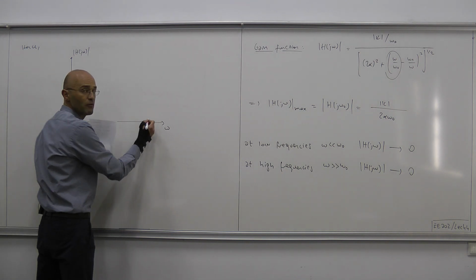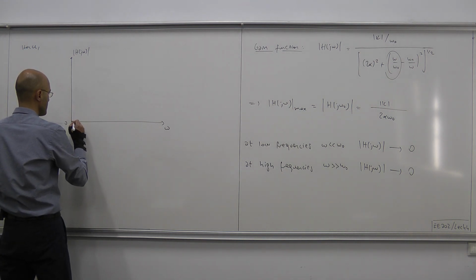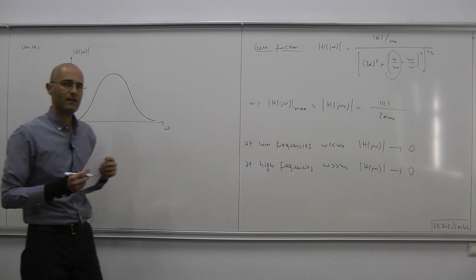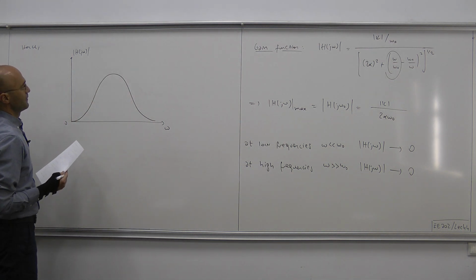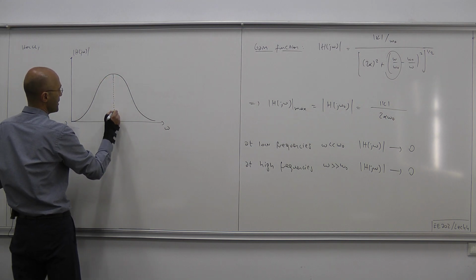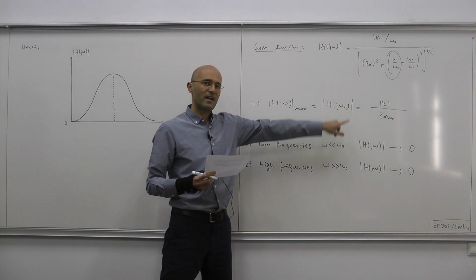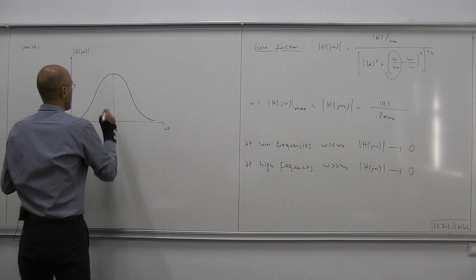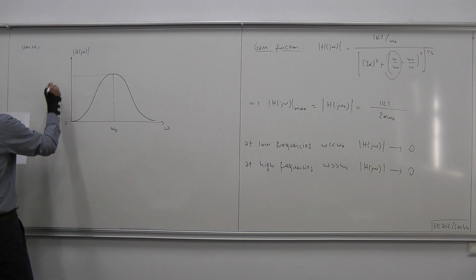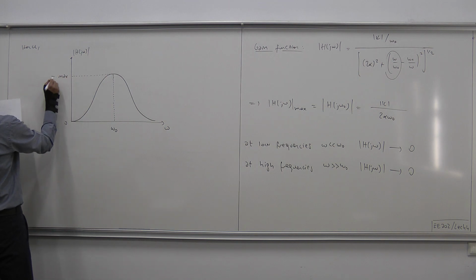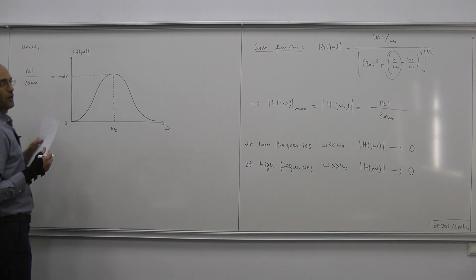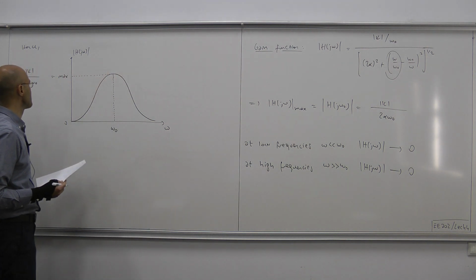At very high frequencies again we're close to 0. So what we expect is something like that as the shape of the gain function. This point, the peak, is achieved at omega 0, and we also figured out the value that the gain attains, that's the max, and that equals the following ratio: 2 alpha omega 0, divided by the magnitude of K.